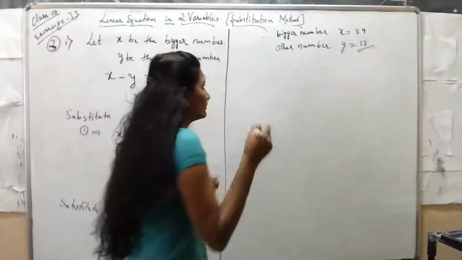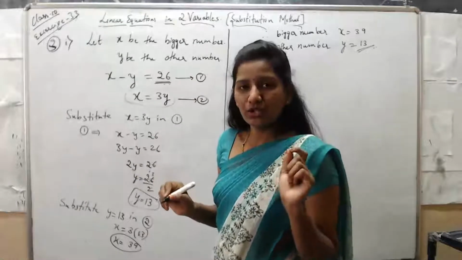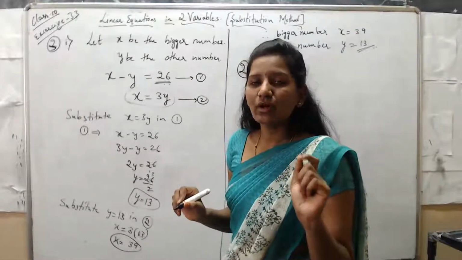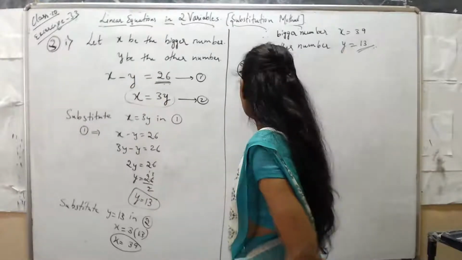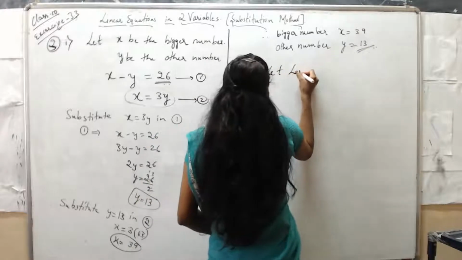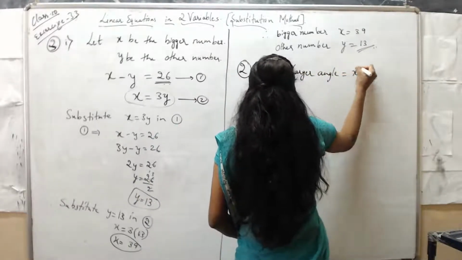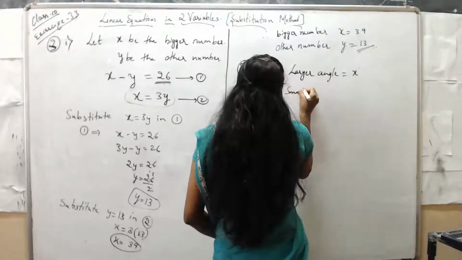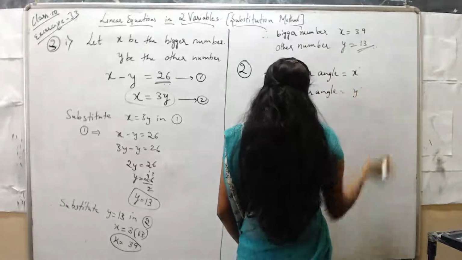See here. Second question, I am going to write equations. You should solve like this, substitution method, solve for x and y. Larger angle is equal to x degree, and smaller angle or other angle is equal to y. Understood?